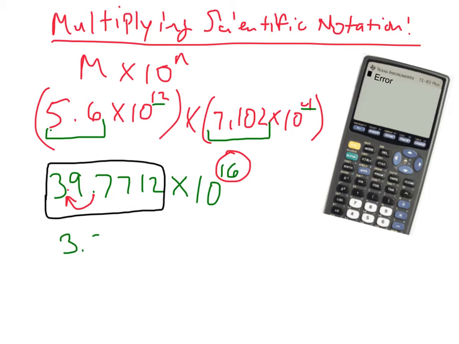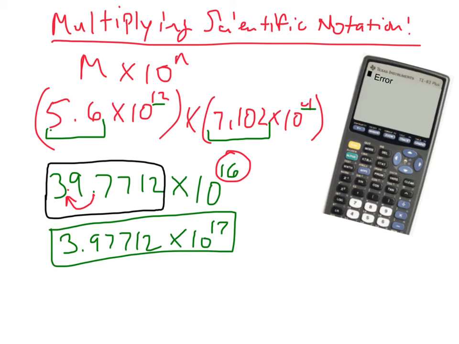So we get 3.97712 times 10 to the 17th. Now if you check that in your calculator by using your times 10 function, then you will see that that is the correct answer. And so you would have some idea of that before you ever typed it in.